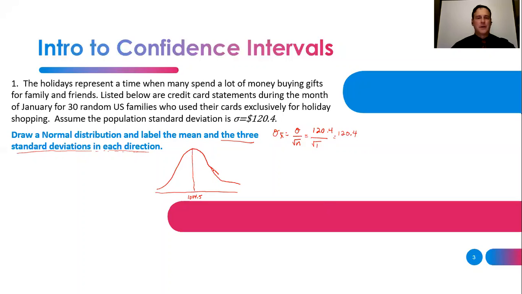So what I'm going to do is go 3 standard deviations in each direction. When we do that, I will get 1,124.9. The next one is 1,245.3, which is really 30 cents. And the last one is 1,365.7, or 70 cents.